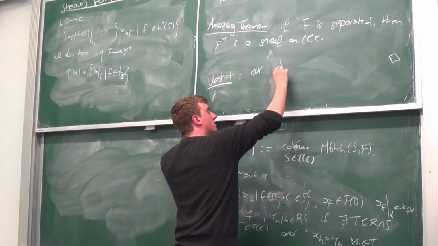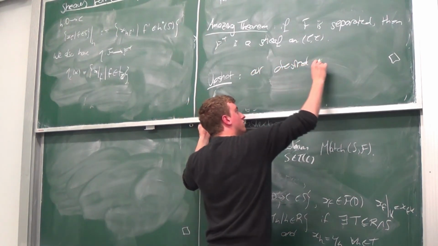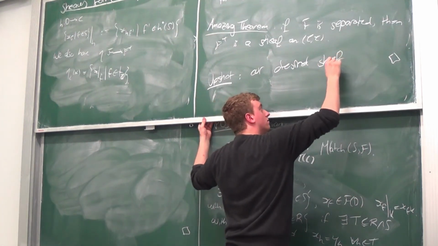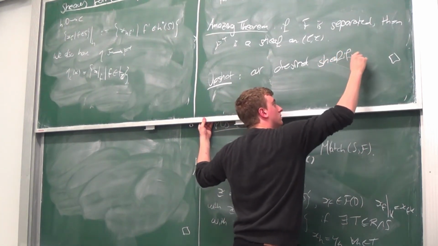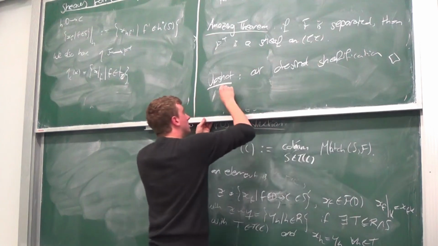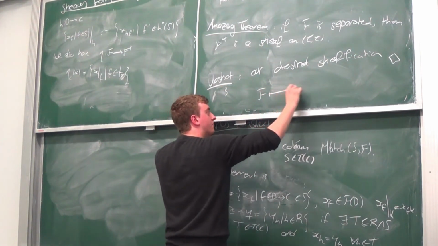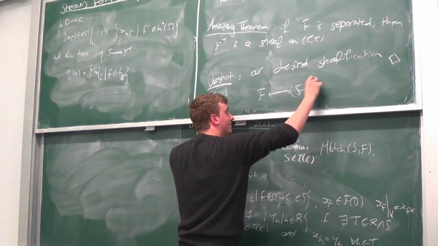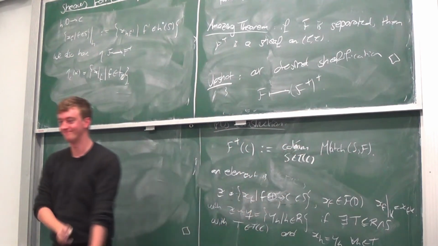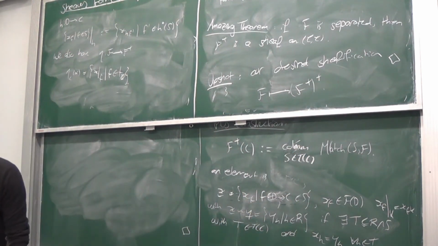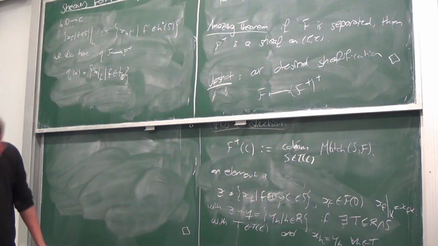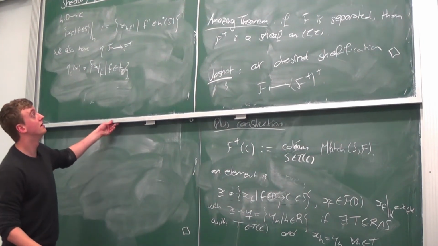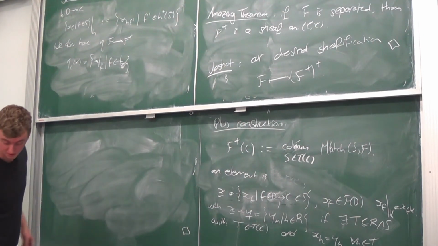Our desired sheafification is F maps to F plus plus. The next result is going to show that this is universal, actually slightly stronger than we need it to be.